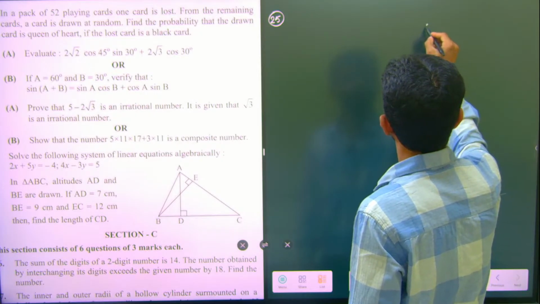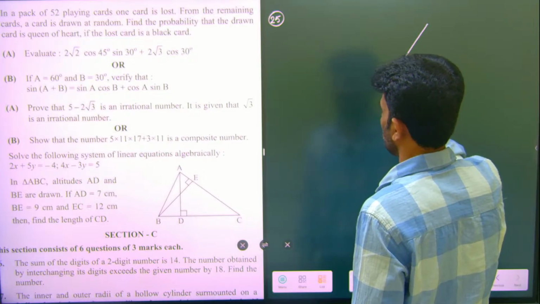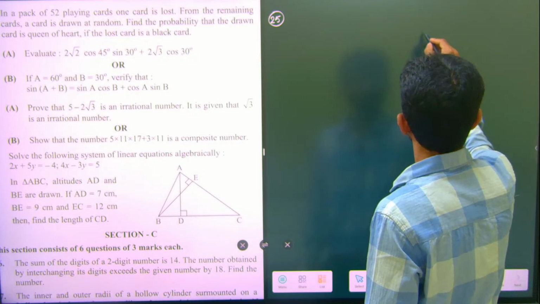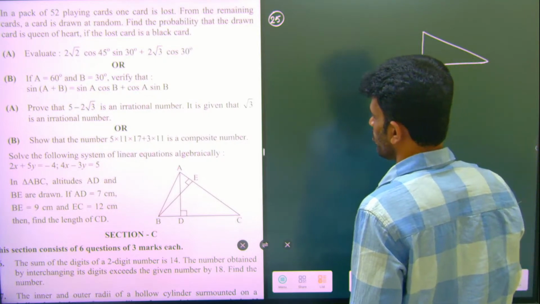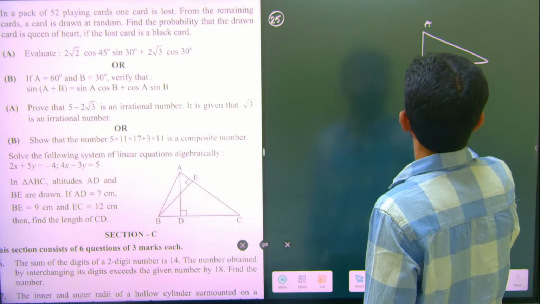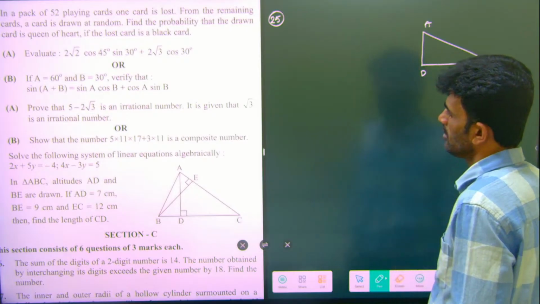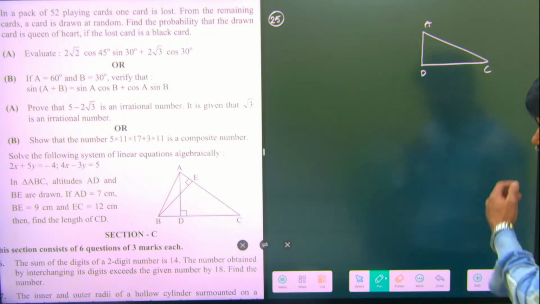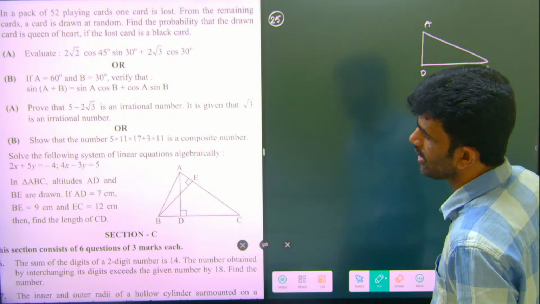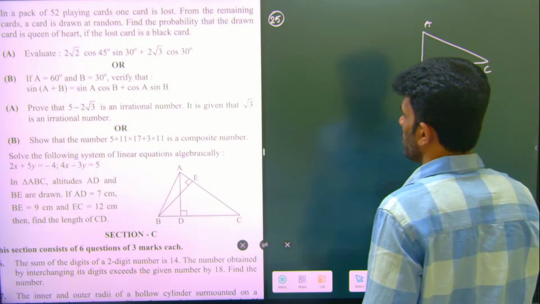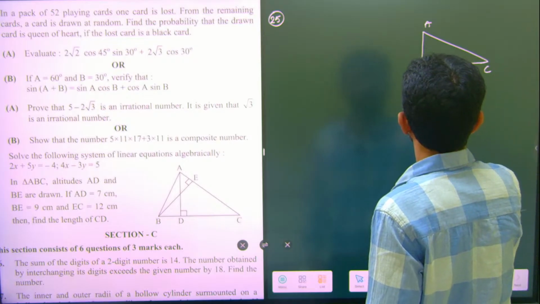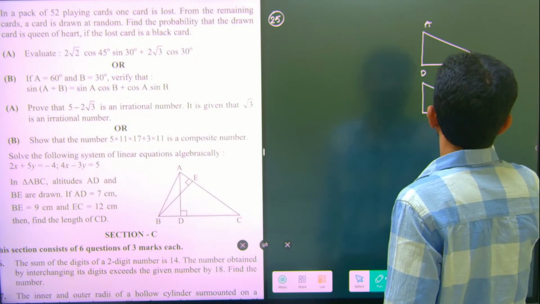One is to take these two triangles. One is like this we have, A, B, C. That is CDE. And one more, what we have, EC we have and BE we have. So EBC you take as another triangle. EBC also you draw in the same way.